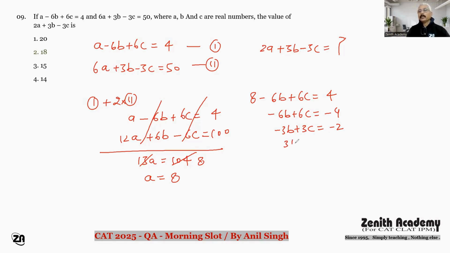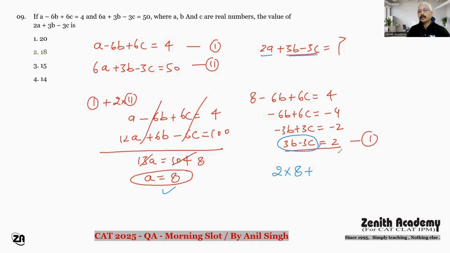So 3b minus 3c is 2 by multiplying on both sides by minus. And already you have a is equal to 8. So the final answer is 2 into value of a, 8, plus 3b minus 3c. 3b minus 3c is equal to 2 we have calculated. So 2 8 is 16 plus 2, 18. Answer.